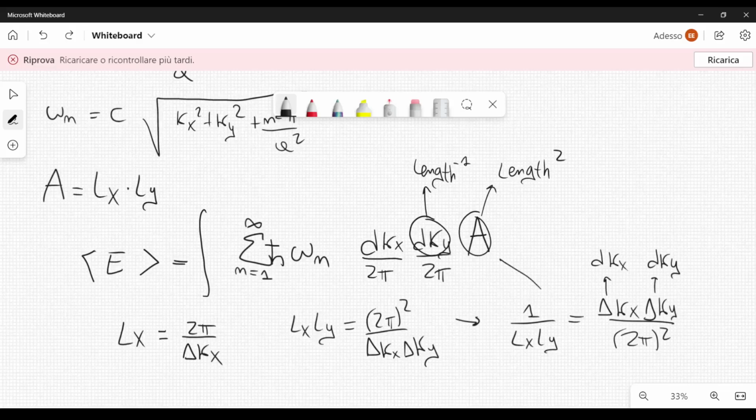Now it should be more intuitive why we have this kind of integral, but what really matters here is that we have to integrate over kx and ky because they appear here and they affect the value for omega n. So we have to integrate over all those possible values.